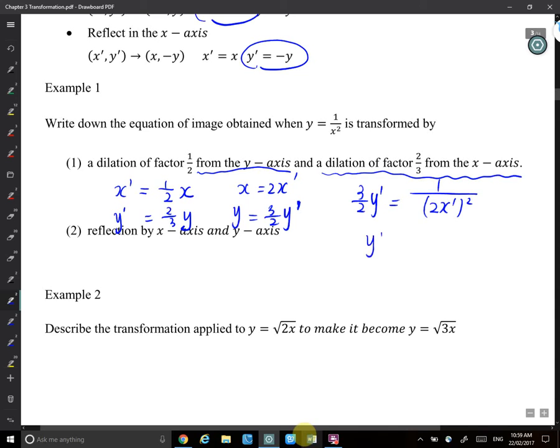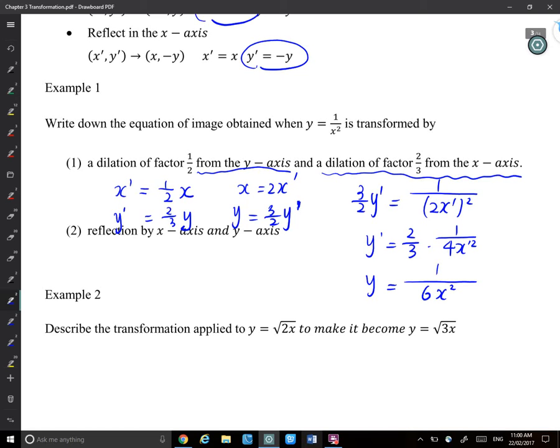So y dash will equal 2 on 3 times 1 over 4 x dash squared. So y will be 2 over 12 x squared, which is 1 on 6. Okay, y equals 1 over 6 x squared.